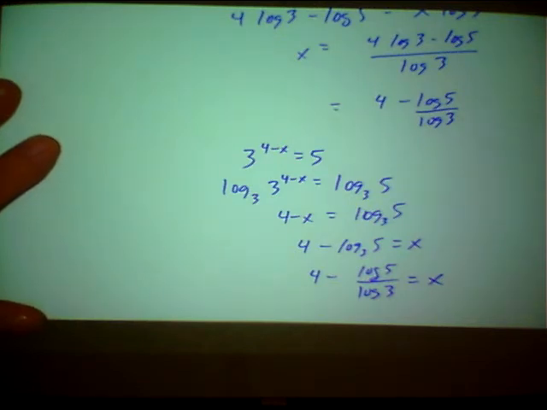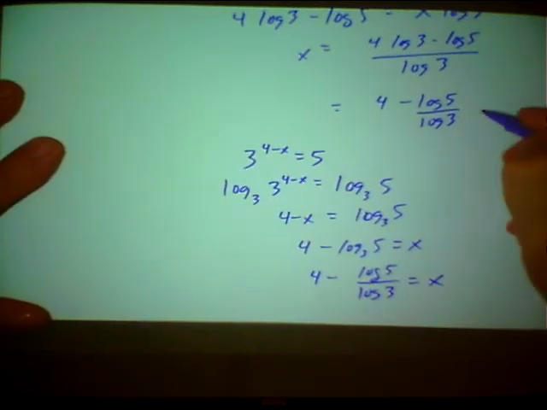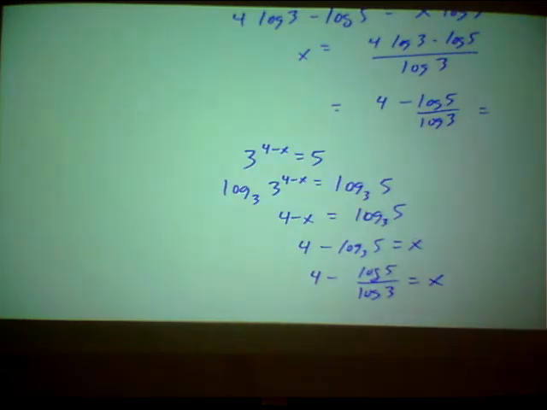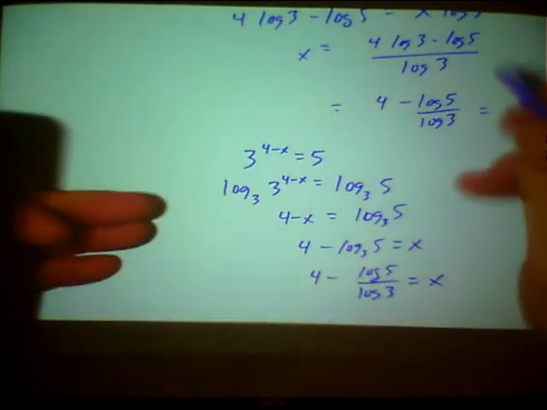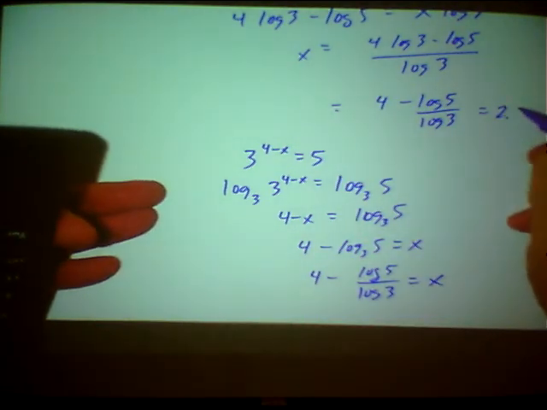You'll get the same result. And just if I want to actually calculate a number, I'll take 5 and the log divided by 3 and the log equals. I'm going to subtract that from 4. This is 2.535.